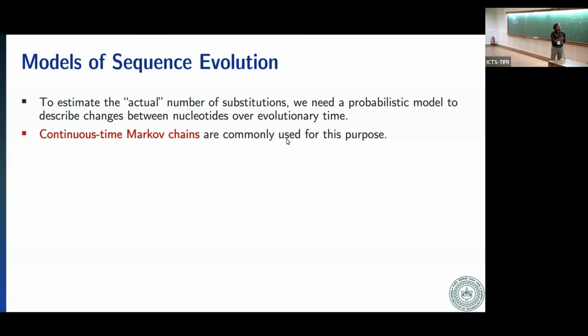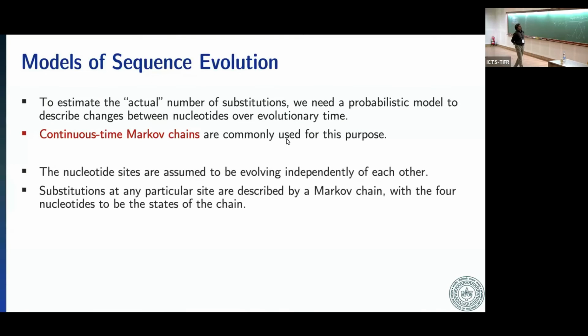So what is commonly used is something called a continuous time Markov chain, right? Because we are looking at these processes where we are dividing time into very short time intervals, and we are looking at the changes. So what are the assumptions? We are assuming that the nucleotide sites are evolving independently of each other.